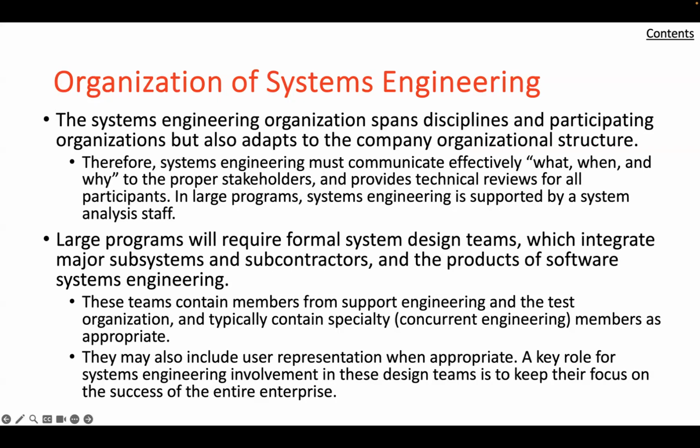This means that the system engineering activity must span not only a number of different disciplines, but also several independent companies. The organizational structure of the prime contractor is usually some form of a matrix organization. In a matrix organization, most of the engineering staff is organized in discipline or technology-oriented groups.